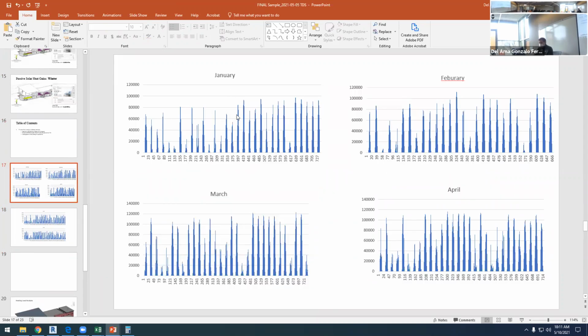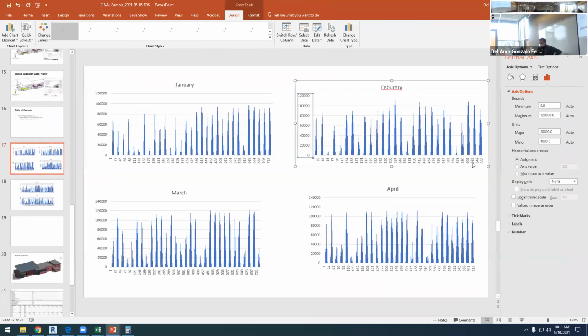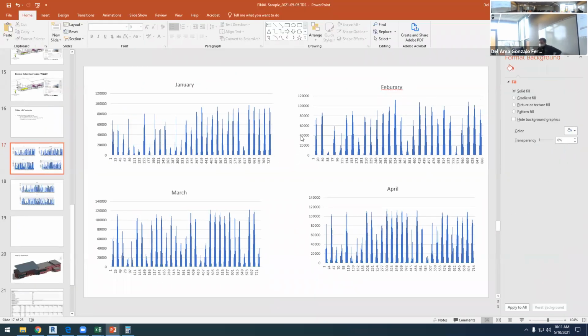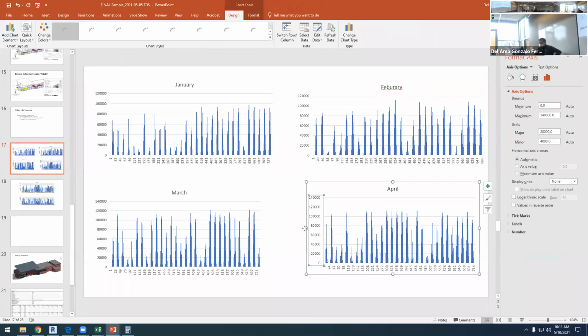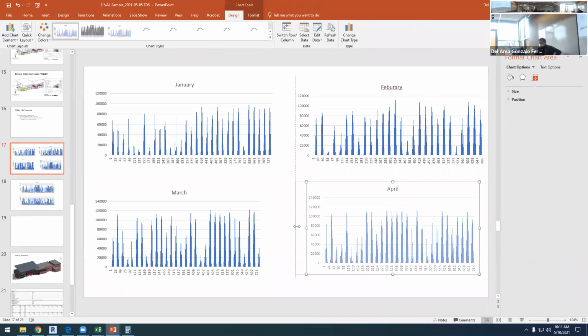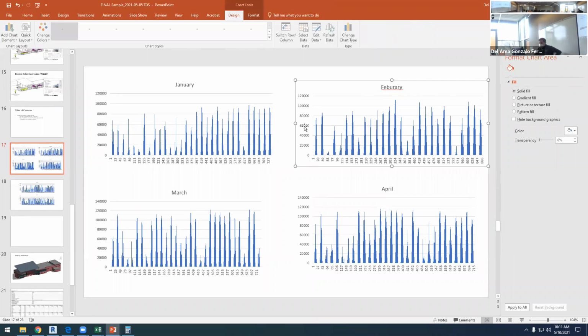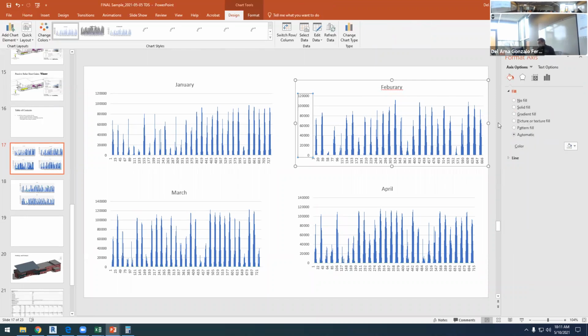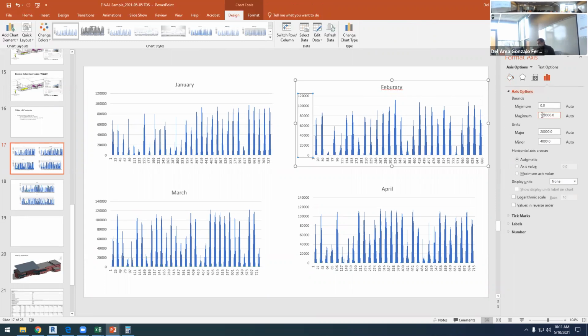So you can prepare a monthly analysis, a daily but monthly analysis. Make sure that the scale is the same. It's pretty cool because if you just copy the Excel file, you can change here in PowerPoint. You can change the scale and all that stuff.